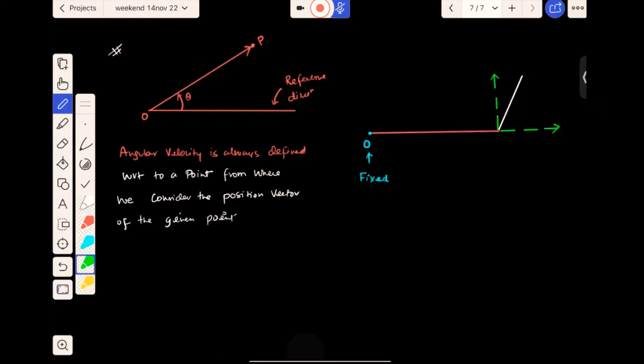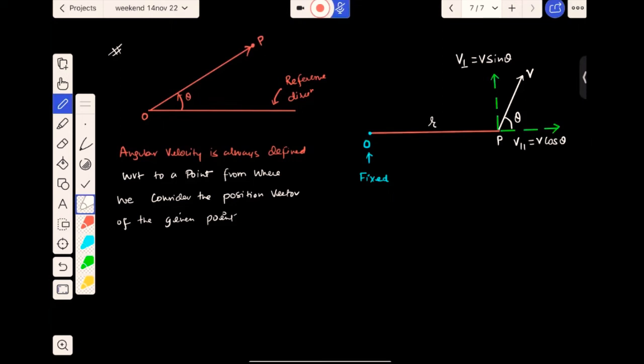This is our V, making an angle theta with the line joining the point P and the point O, where point O is the fixed point about which we are calculating the angular velocity of point P. One component I'll write as V perpendicular, that is going to be V sine theta in this case, and another one V parallel, that is going to be V cos theta. At any point of time, the separation between them is R.